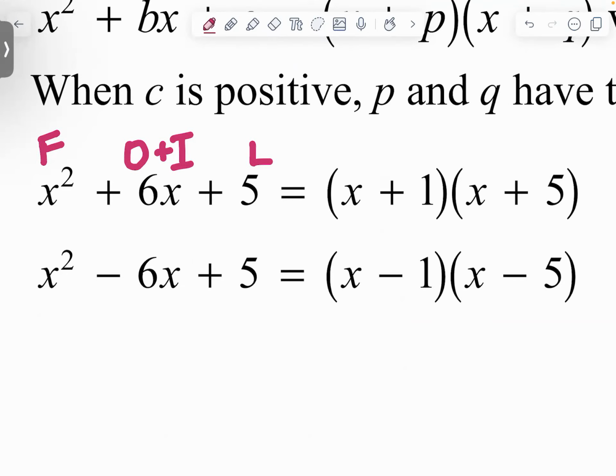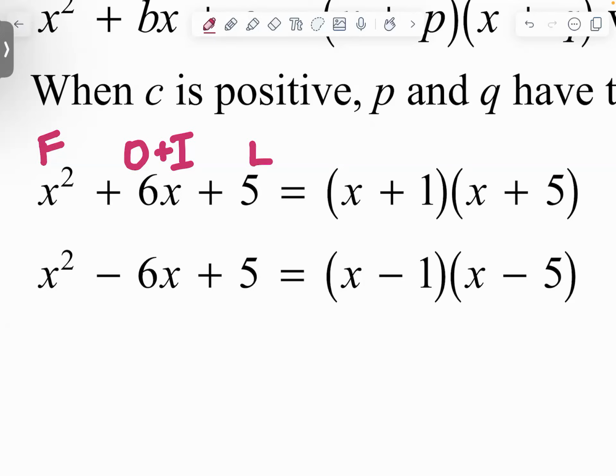Right? Every time you FOILed, you had two x terms you had to combine together. That was your outside product, that was your inside product. If you put your first and last back in your equation, you don't have to solve for the O and the I since they're in the both spots.